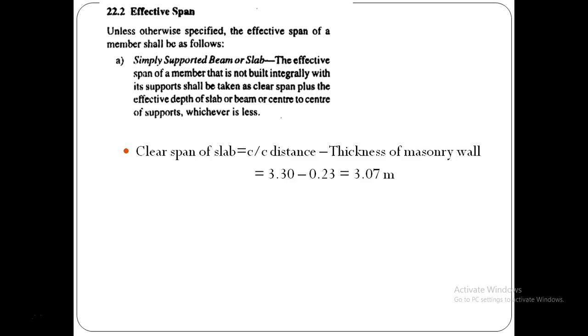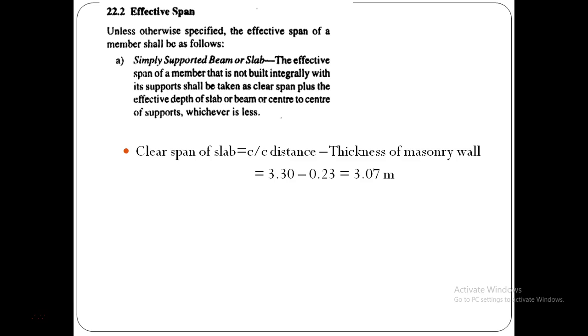So first of all we will have to calculate clear span. So clear span equals center to center distance minus thickness of masonry wall. So center to center distance between the support is already given, 3.3 meter. Now we deduct the thickness of masonry wall, which is given as 230 mm.